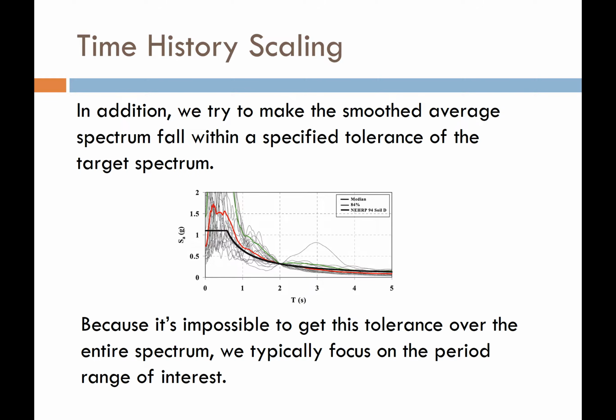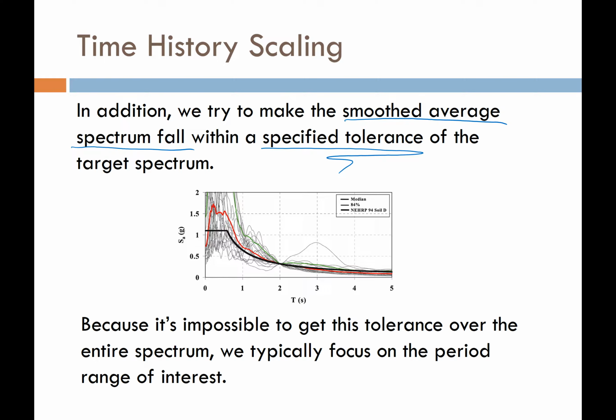So this is what this slide is talking about, what I was explaining before: when we look at that smooth average spectrum, it should fall within some specified tolerance of the target spectrum. Of course, we know it's not going to fall right on the target across all the periods, but we like it to get as close as possible.